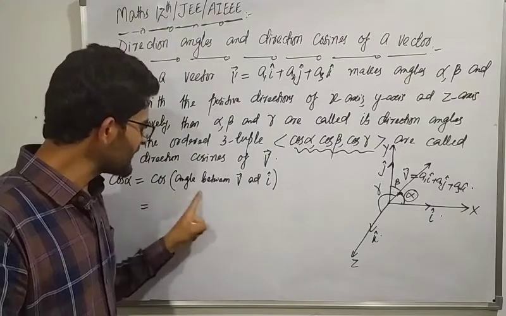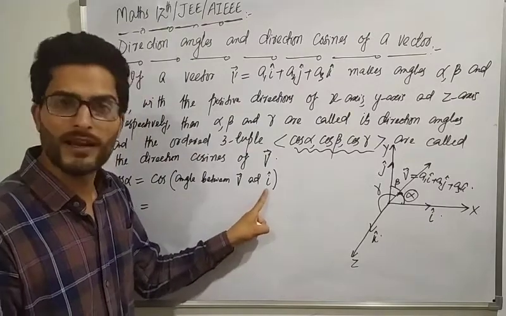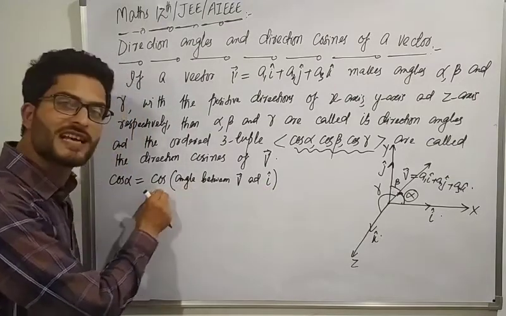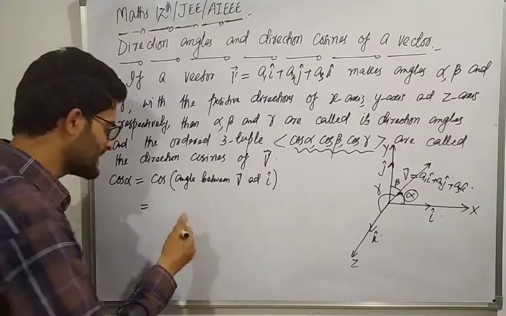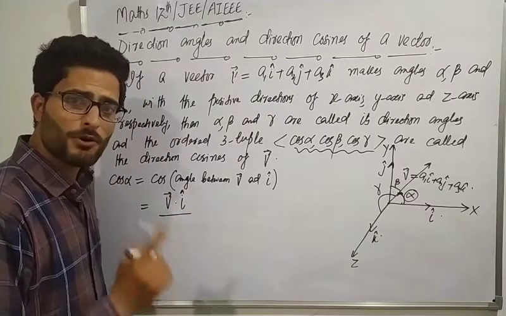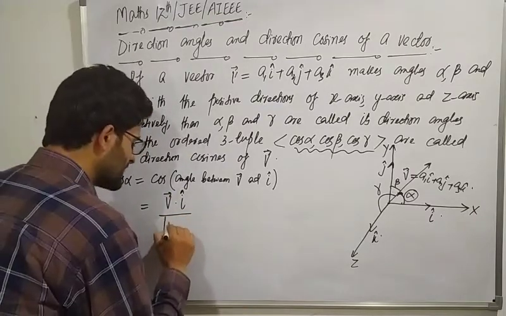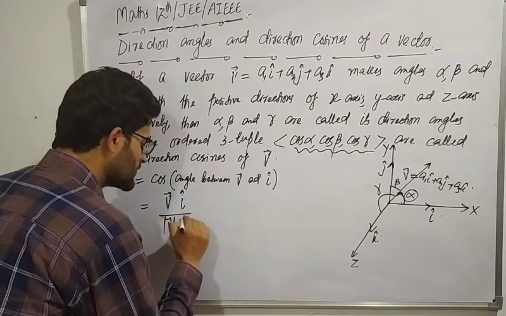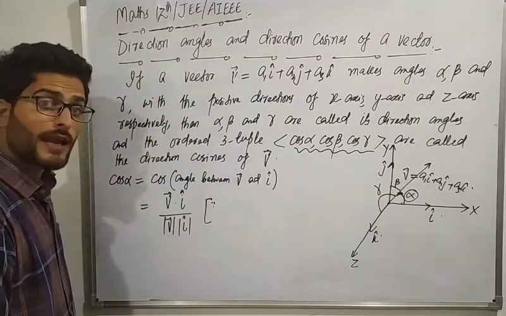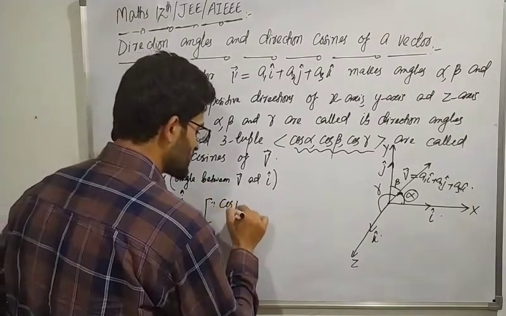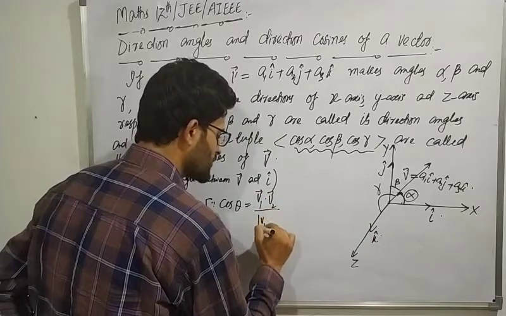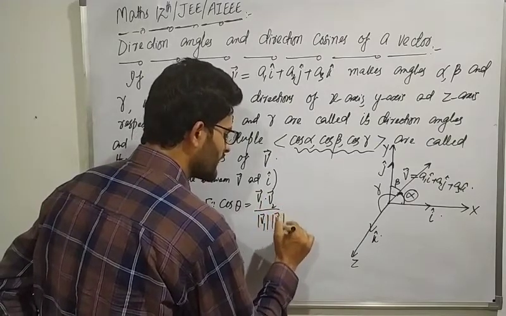So, cosine of the angle between v, which is also a vector, and i cap, which is also a vector, will be equal to what? Their dot product, that is v dot i, divided by the product of their magnitudes, that is magnitude of vector v into magnitude of vector i, because previously we have studied about the angle between two vectors, given by the expression cos theta is equal to v1 dot v2 divided by magnitude of vector v1 into magnitude of vector v2.